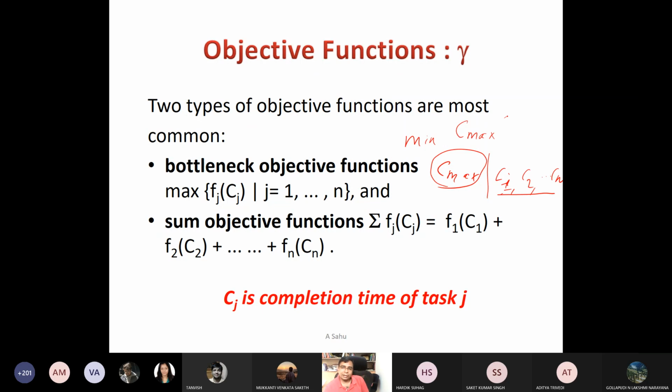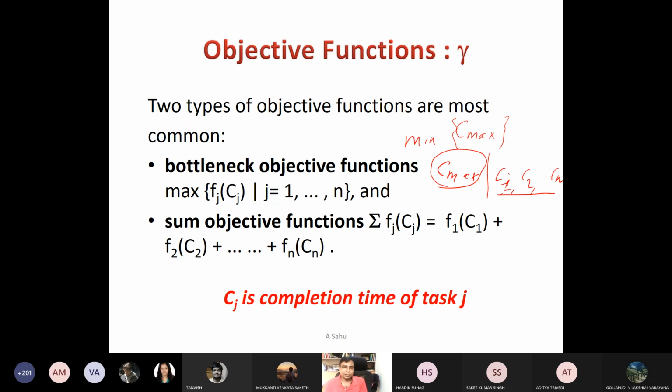Can I say I am minimizing the overall execution time? Yes. So if you minimize the overall execution time, then it will minimize Cmax, where Cmax is the maximum of C1, C2 up to Cn.